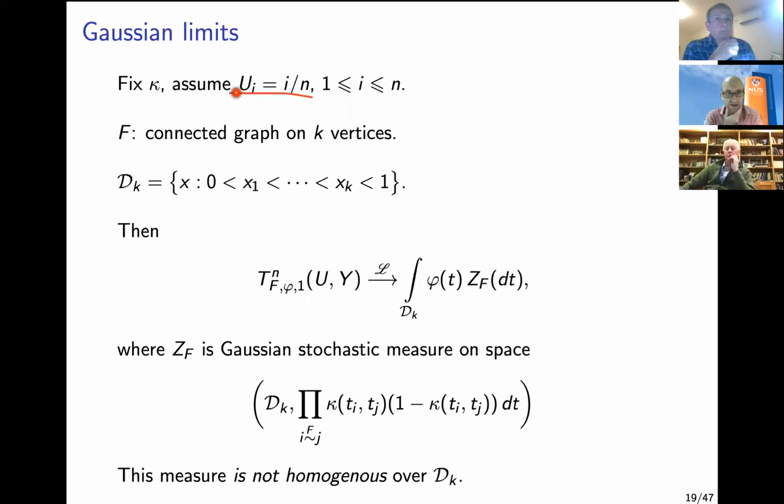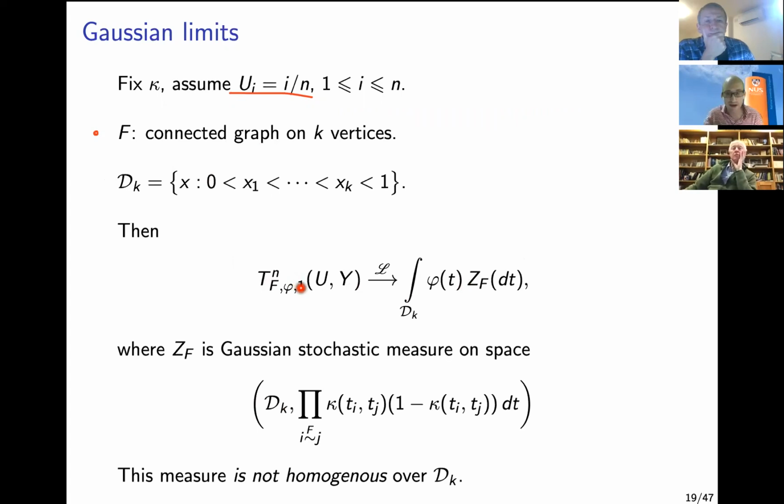Okay, so let's assume that, so that the randomness from the vertex labels doesn't disturb here, and we get a cleaner picture. We fix an F, a connected graph on K vertices. Again, D_K is this half orthant, the K-dimensional orthant here, and then we can show that this test statistic converges to an integral against a white noise or Gaussian stochastic measure on the space D_K.